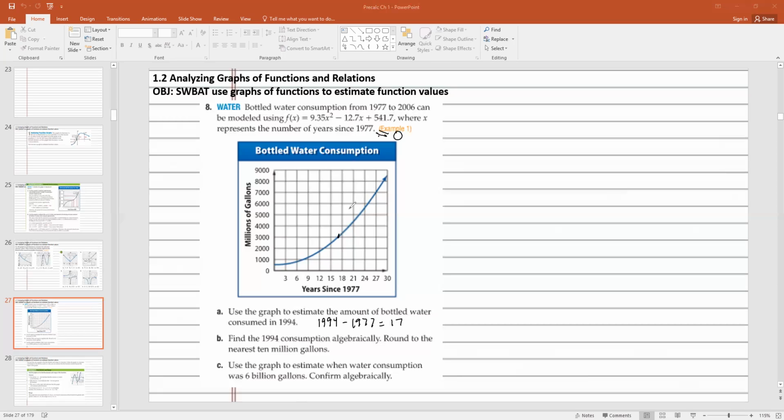So I would say 3,000 million. So what does 3,000 million look like? 3,000, and then you put million there. Whoa, that's 3 billion. There you go. Okay, so that's how you would read that one.